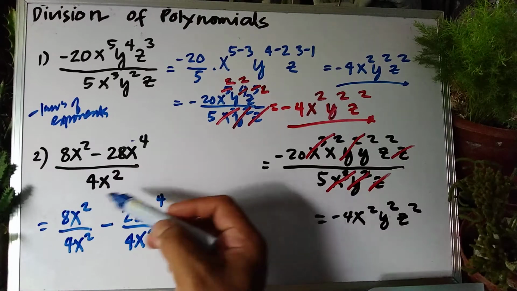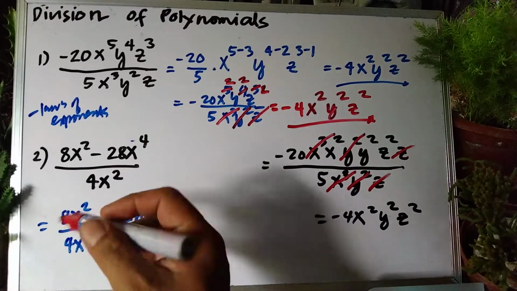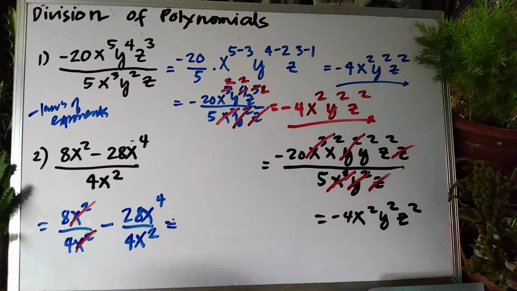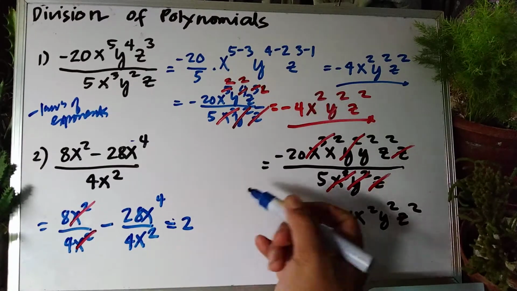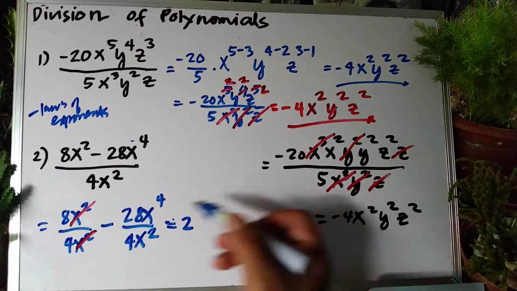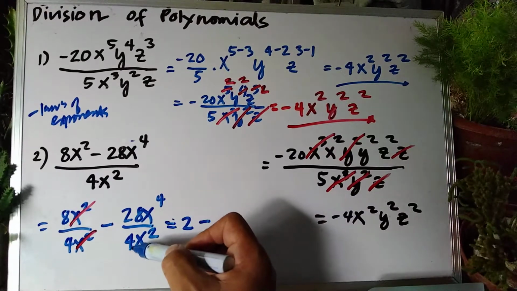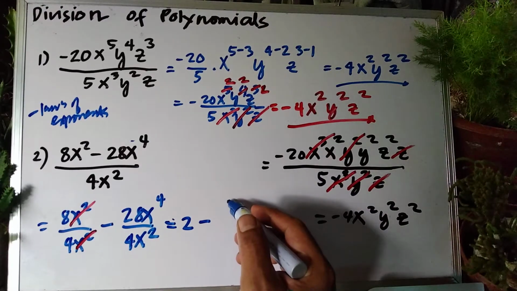Padayon. What is 8 divided by 4? From here, you can cancel x squared already because x squared divided by x squared is 1. So 8 divided by 4 is 2. Simple as that. Copy the minus sign. Here, what is 28 divided by 4?